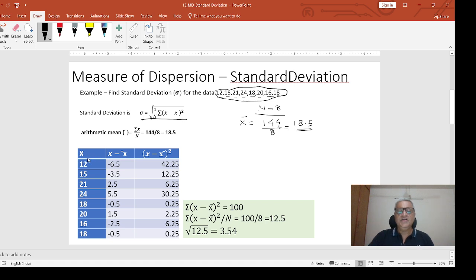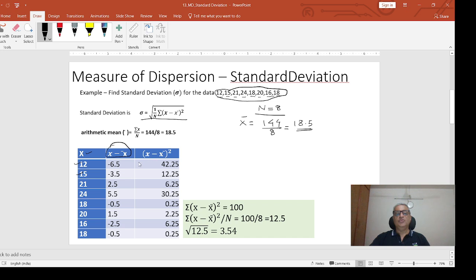So I'm formulating a table now. I have x, so all the numbers in the series are mentioned in the table: 12, 15, 21. There are 8 numbers, so 8 rows. In my second column, I'm taking each observation and subtracting it from the mean.